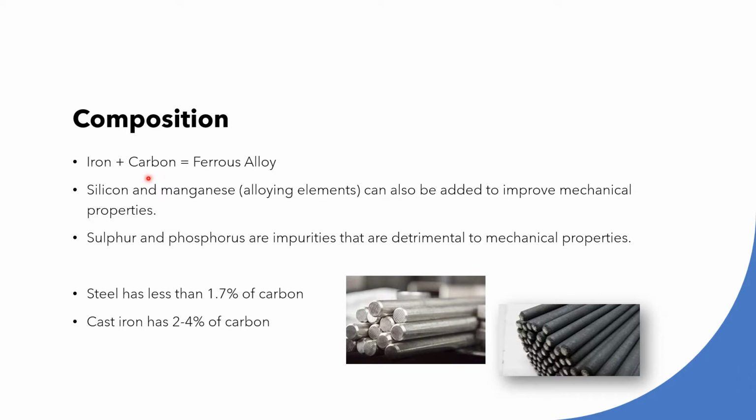Look at the percentage. So if you have like 1.7 carbon, you've got steel. If you have like 2 to 4% carbon, then you've got your cast iron. This is what steel looks like outside, and then there's cast iron, what it looks like outside.